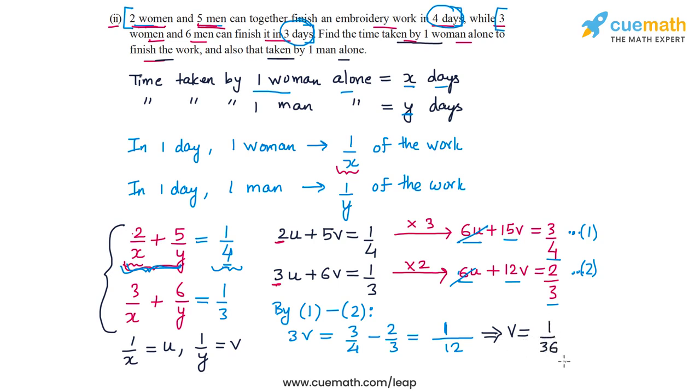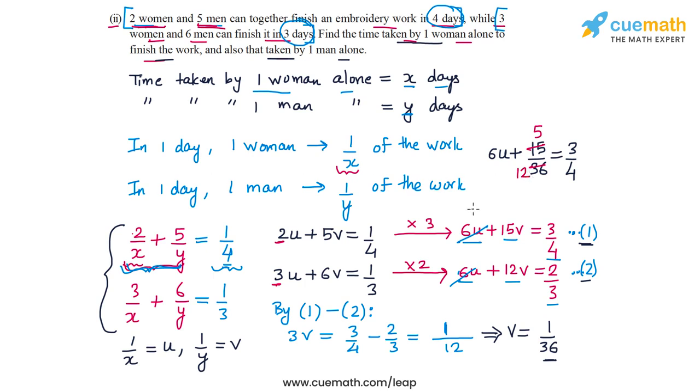And now we can substitute this value of v into any of these equations, 1 or 2, to find the value of u. So let's substitute this value of v into the first equation. So we'll get 6u plus 15v. So 15 by 36 in the lowest form is 5 by 12.